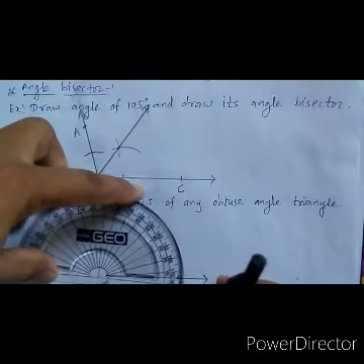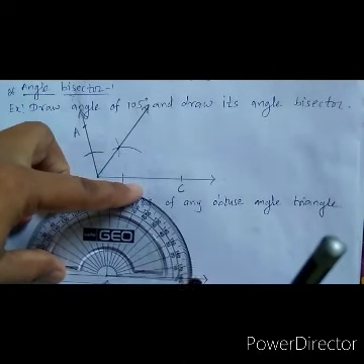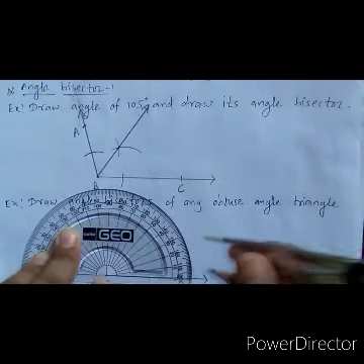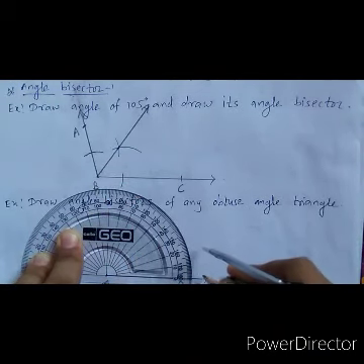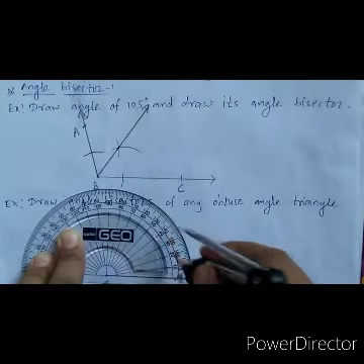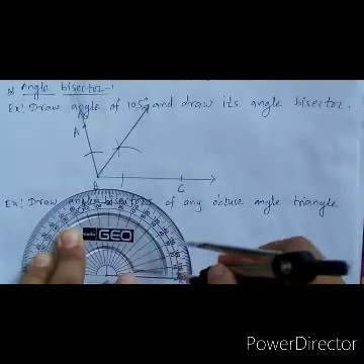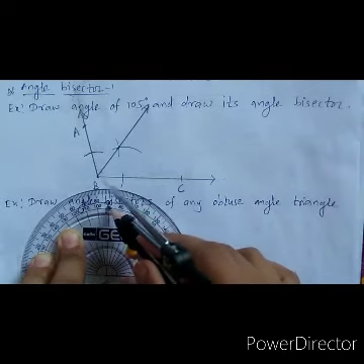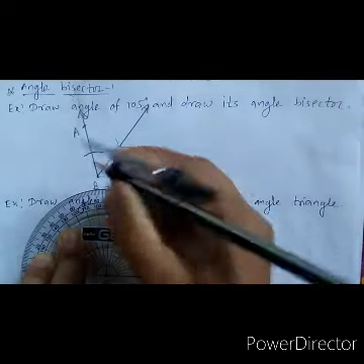So we can put this point on this Q and the base on this ray QR. Now see the direction of this line. So from this direction we can start the angle 0, 10, 20, 30, 40, 50, 60, 70, 80, 90 and 100.